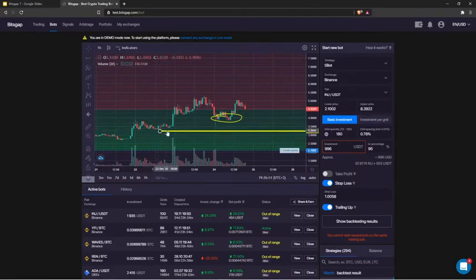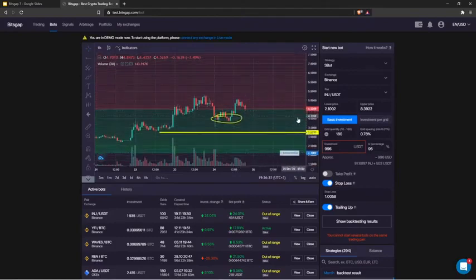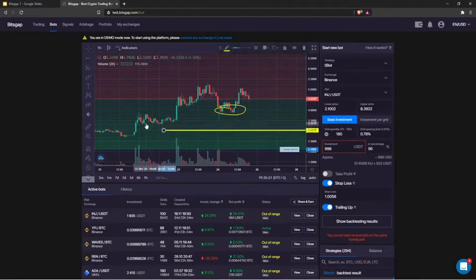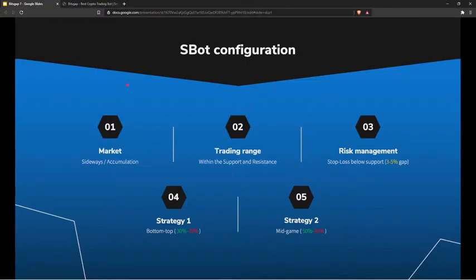When the price bounces off the support line, it means that the key price level has sustained, and that the buying pressure exceeds the selling pressure, and it really makes sense to enter the market. But if the price breaches the support, at least we have the stop loss to limit our loss. All right, so that's the trading configuration that you can have, where your stop loss is below the support by 3 up to 5%.